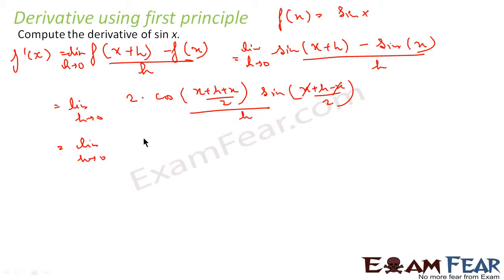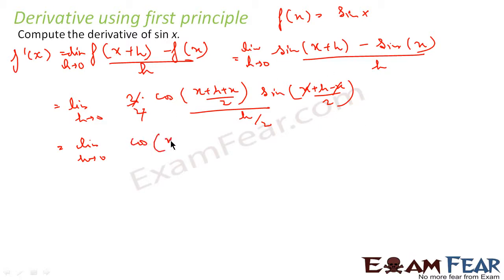This is nothing but the limit as h tends to 0. I'll make the h into h by 2, multiplying by h by 2, because this is of the form sin(h by 2). Why? Because we know that sin(h by 2) by (h by 2), where h by 2 tends to 0, becomes 1.